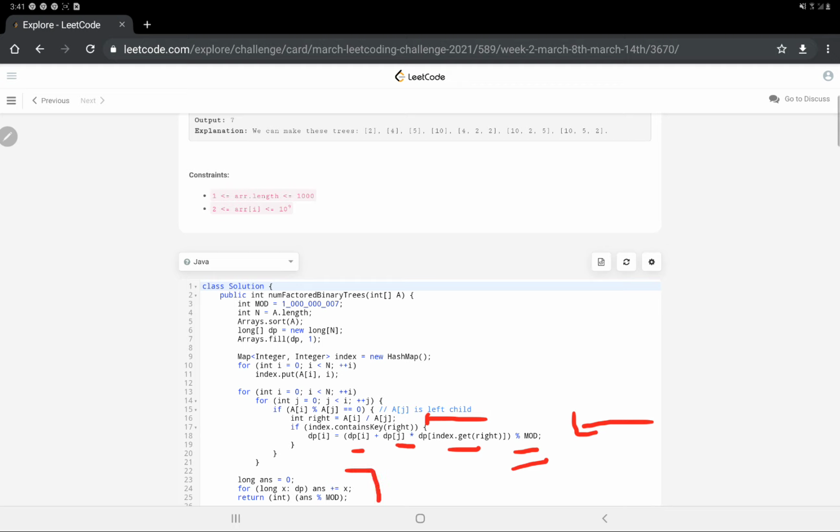At the end, we take our answer variable to be long, because the numbers are up to 10 to the power 9, so when we compute dp for them, they could be much bigger numbers. So that's why we have taken the answer variable as long, and for each loop the answer has been computed, and at the end we have just taken the modulus with 10 to the power 9 plus 7, and returned it as an int variable.